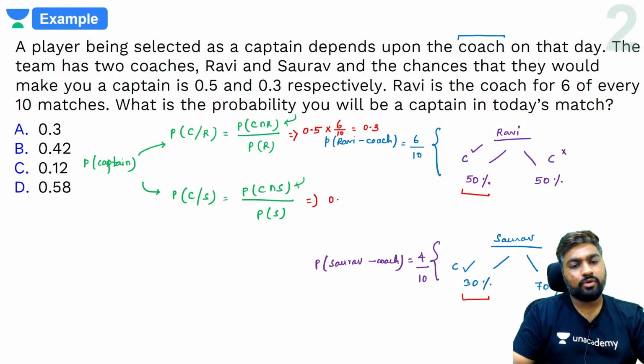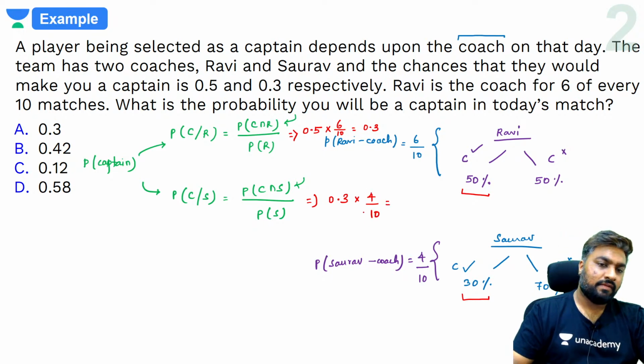There is a 30% or 0.3 probability that I will be a captain when Saurav is a coach. That is 4 out of 10 matches. Yes, so this becomes how much? 1.2 by 10, 0.12.